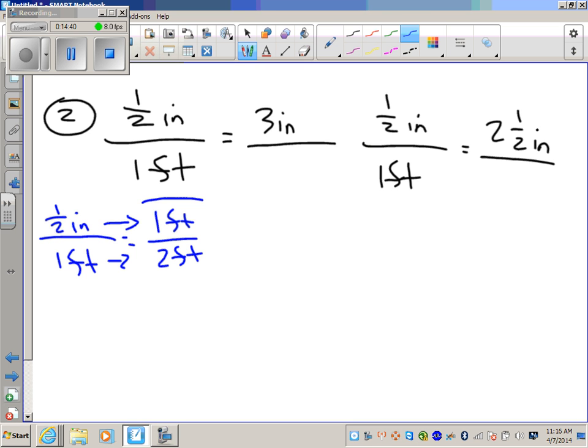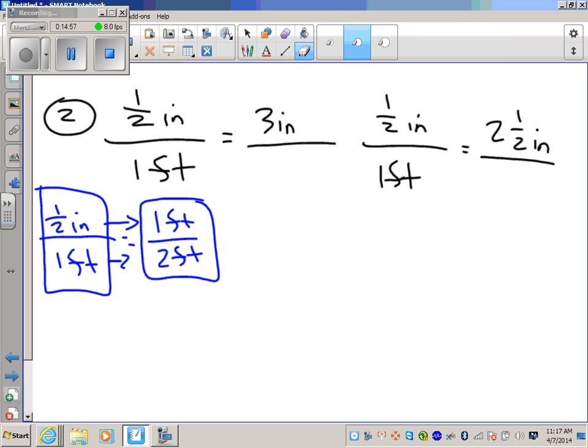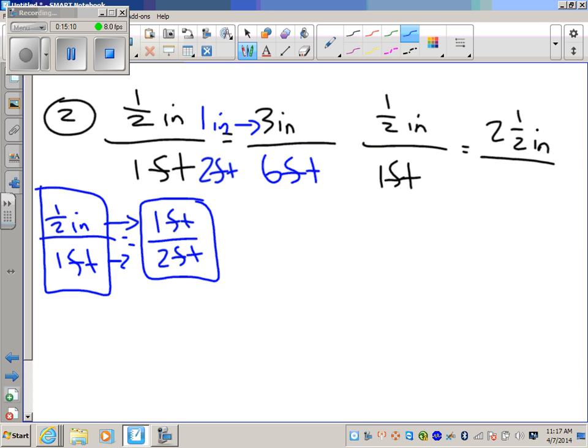So I could use this scale because it means the same thing as this one. So which one would I want to use here? Can we use the 1 to 2? Can I use that one to get from 1 to 3, times 3, 2 times 3? No, you won't get different answers.